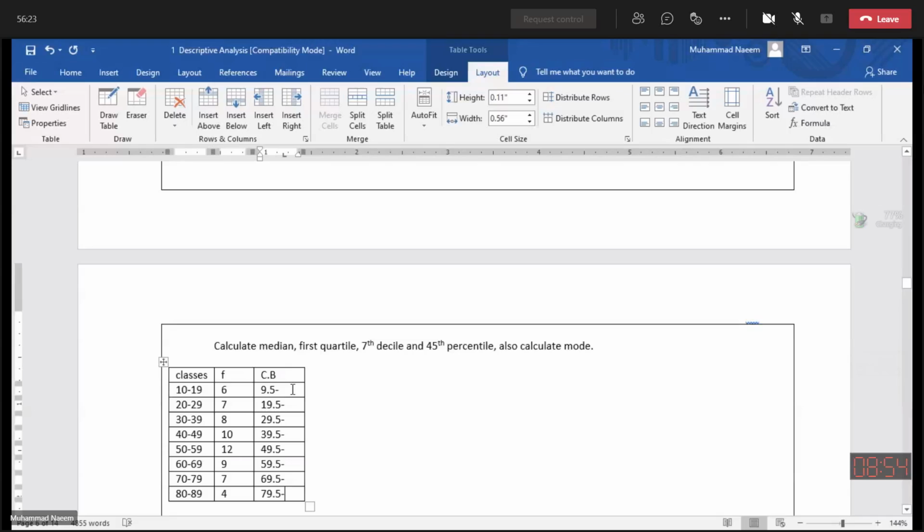and add half of the difference to all upper class limits.